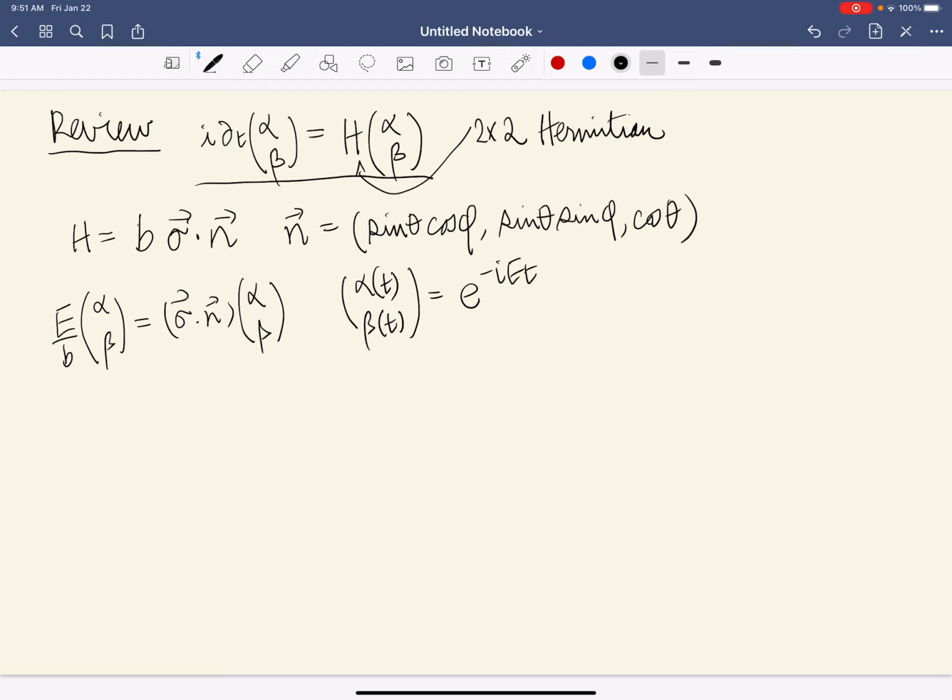The overall time-dependent phase factor multiplying a vector which is time independent. By the way, this sort of vector is often called a spinor because this is a kind of mathematical formalism that people were using to describe the dynamics of an electron spin, which has this two-column vector description in quantum mechanics.